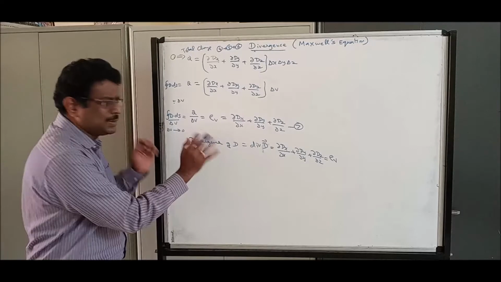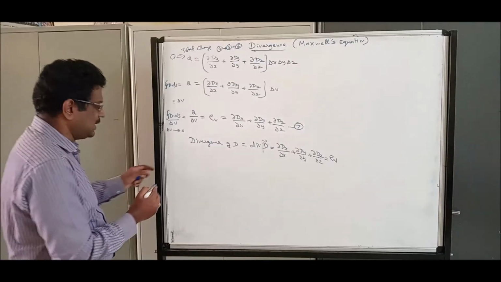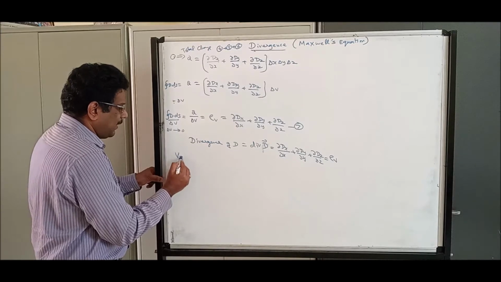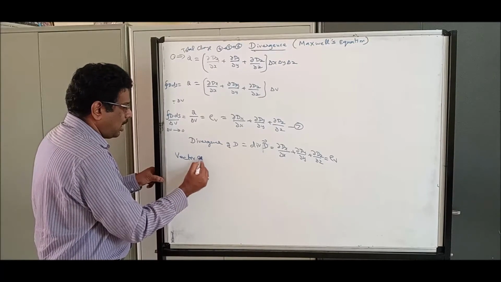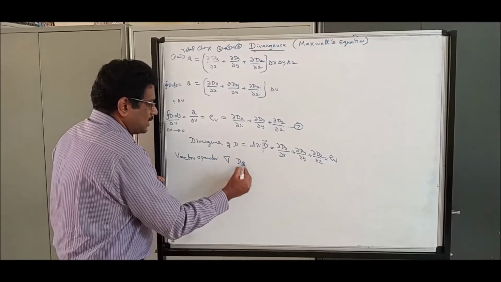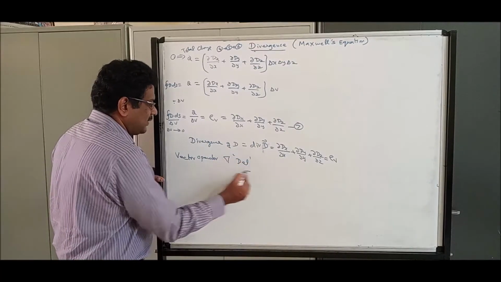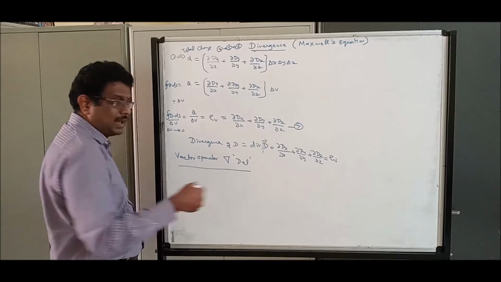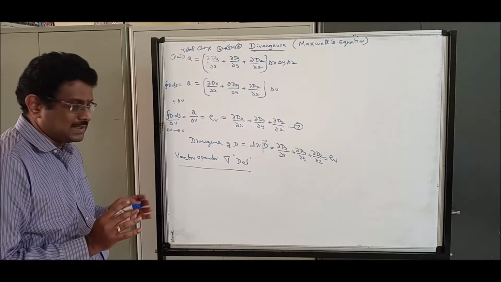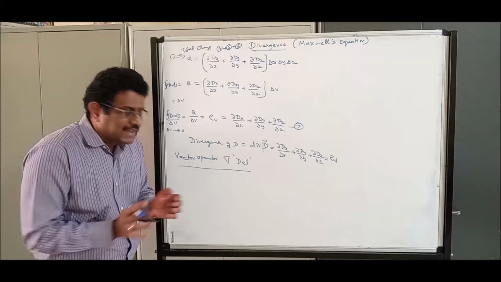Now let us keep this concept separately, divergence, and let me include one more concept called vector operator del. This was a very important concept which we discussed in the beginning of our course. Del says variation, change.